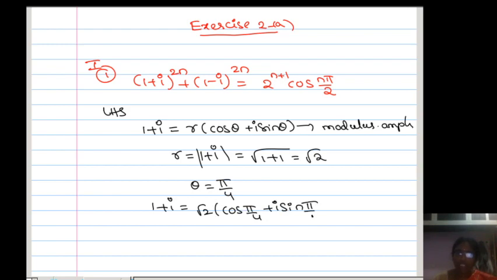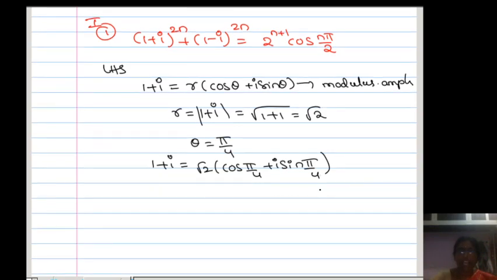This is writing the polar form by using the concept from the previous chapter. Otherwise, you can multiply and divide by root 2, then 1 by root 2 is cos pi by 4, and i into 1 by root 2 is sin pi by 4. Like that also you can write.